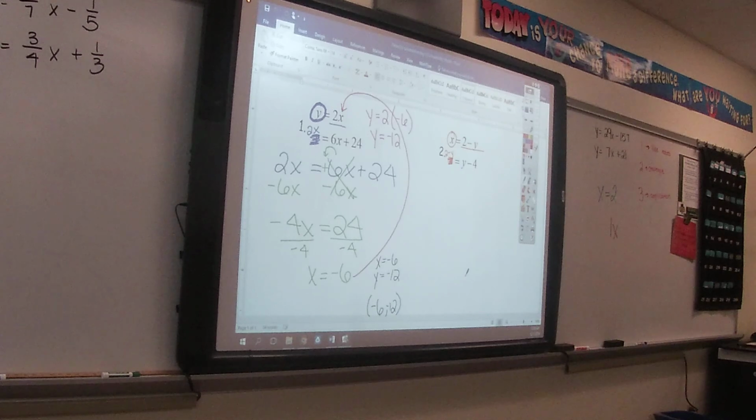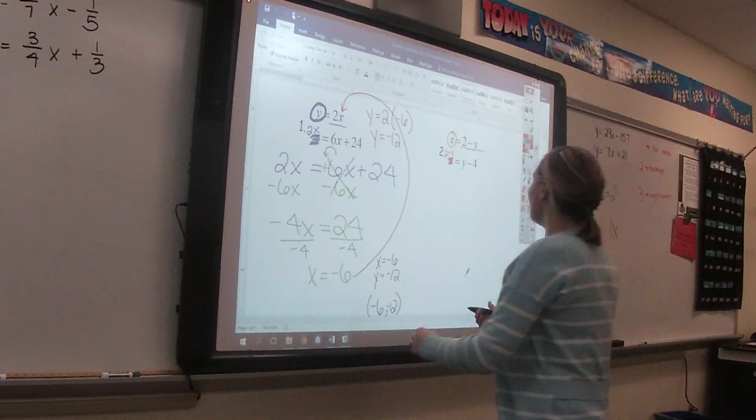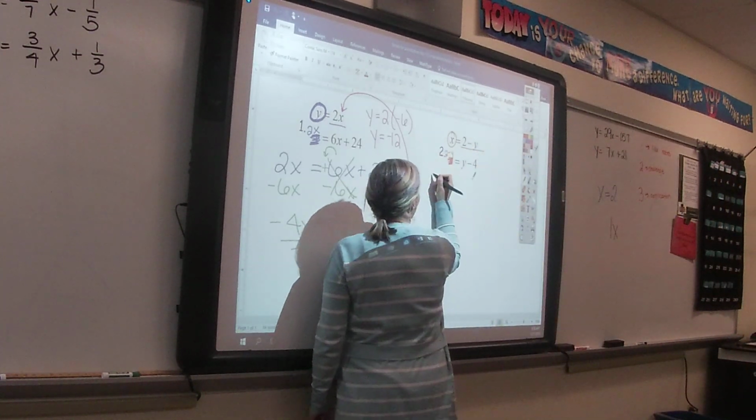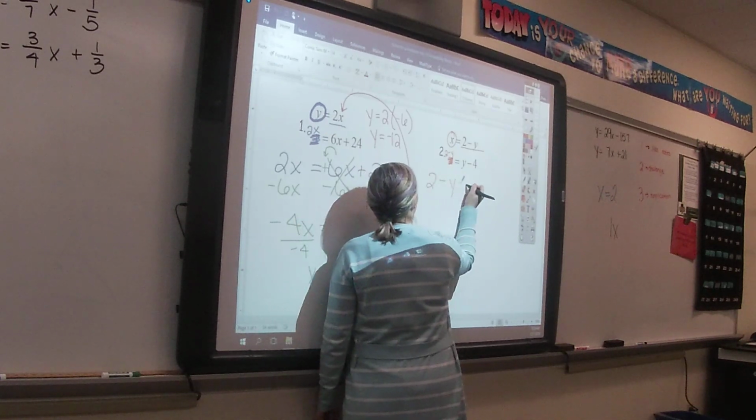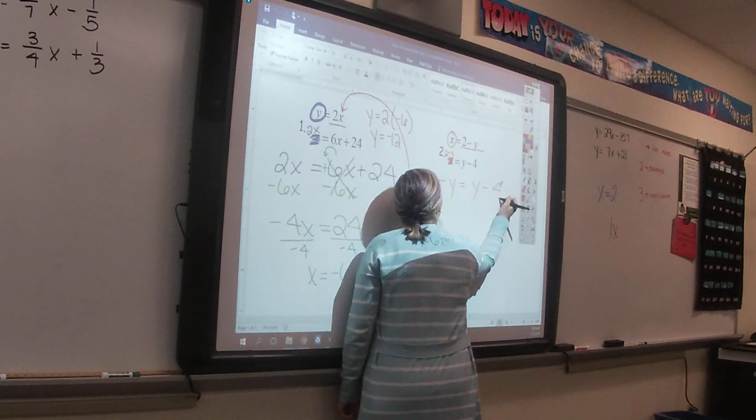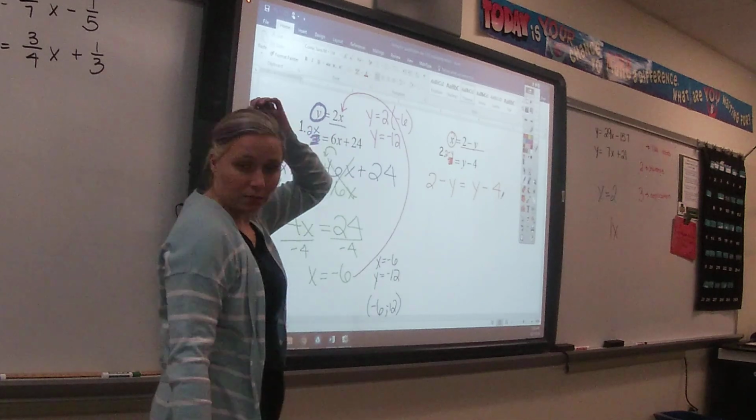We want to make sure we're really seeing where we're making that substitution so we can get a new equation. So we have a new equation now that says 2 minus Y equals Y minus 4.